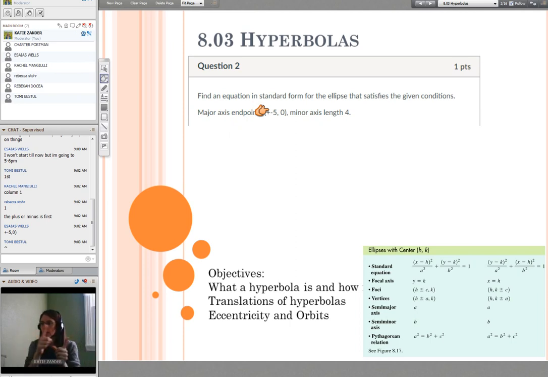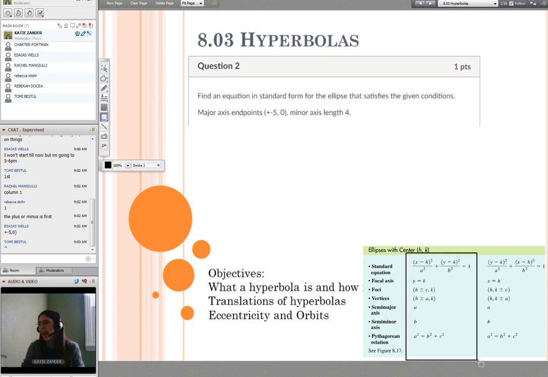So a horizontal line is going to be your y equals something. So your focal axis is going to be a horizontal line. So that's signaling y equals k there. So we are going to use column 1. And I like that you noticed that it's the x value that is changing, right? And if you notice in that column, it's the x values of the foci and the vertices that are changing as well. So a really good indicator there.